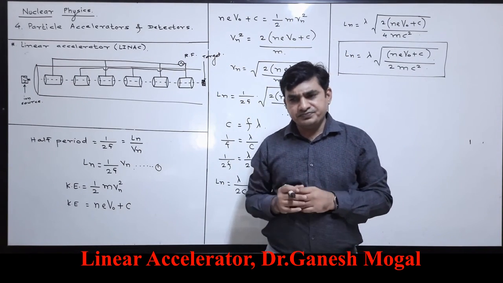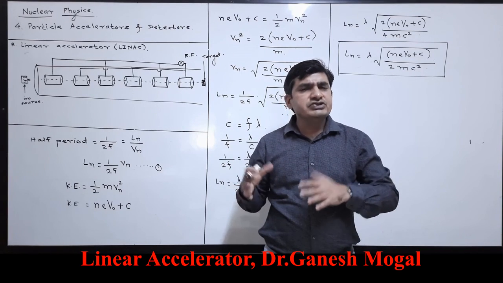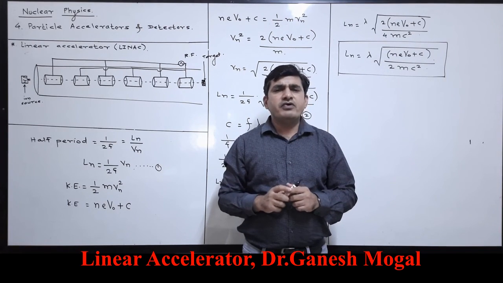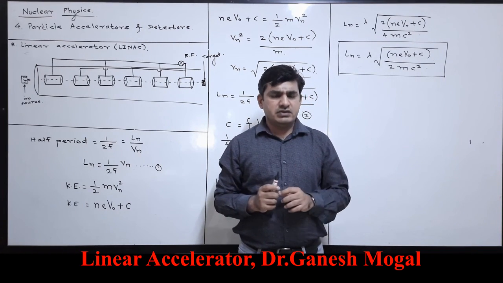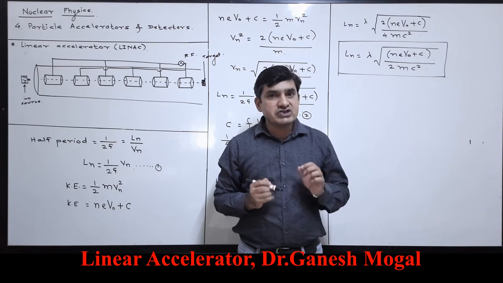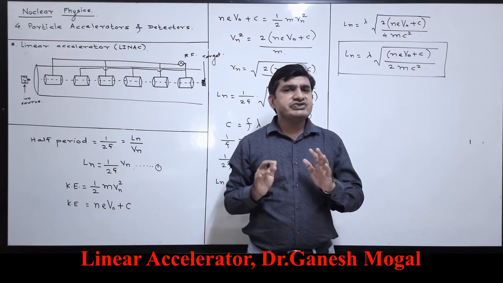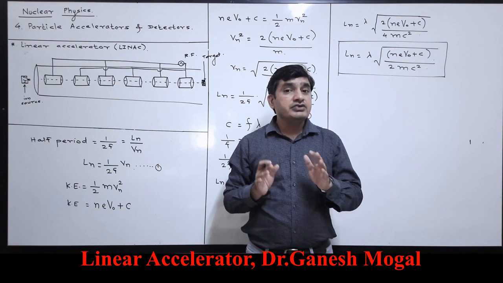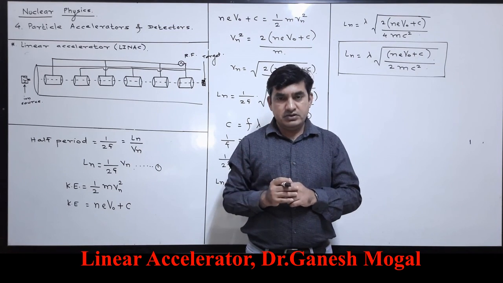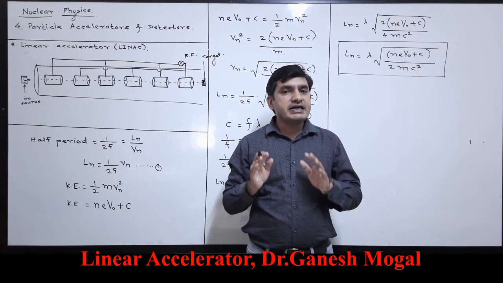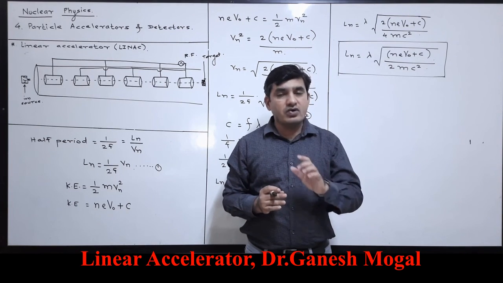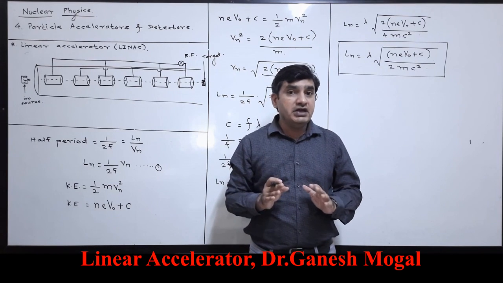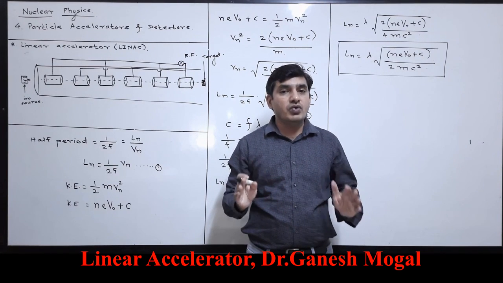Now this linac is used to accelerate charged particles. Such a linac is installed at Stanford University, having a length of 3.2 kilometers, capable of accelerating electrons to an energy of 50 giga electron volt.